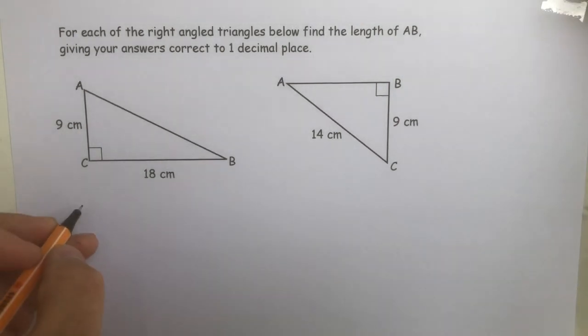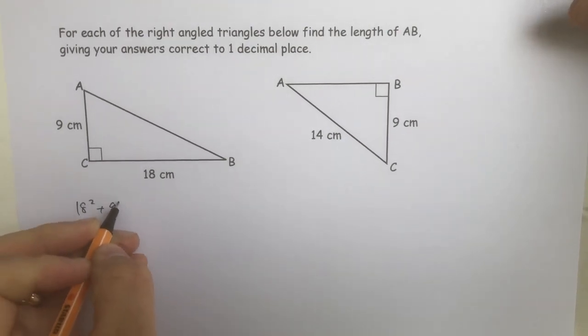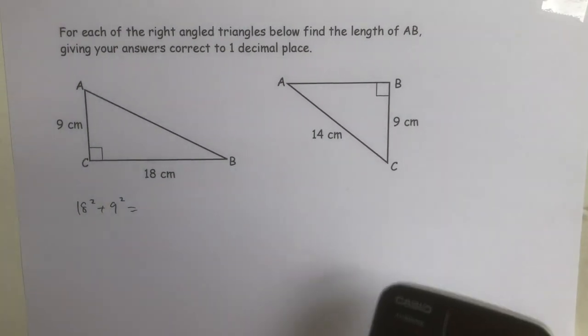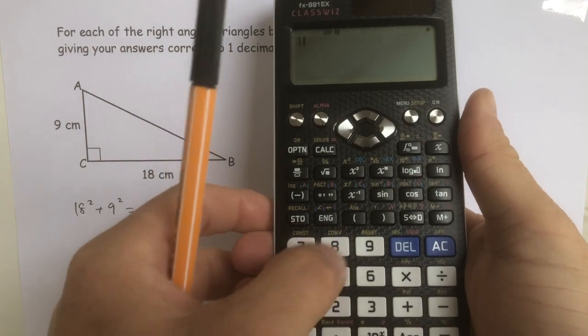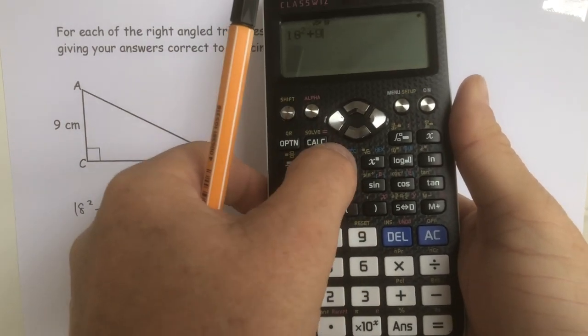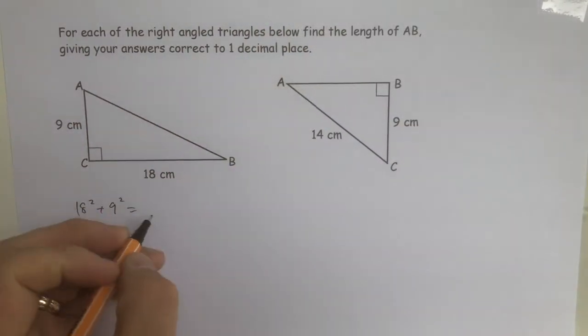So here we need to square the 18 and the 9 and add them together. So on the calculator we have 18 squared add 9 squared equals, and we get 405.